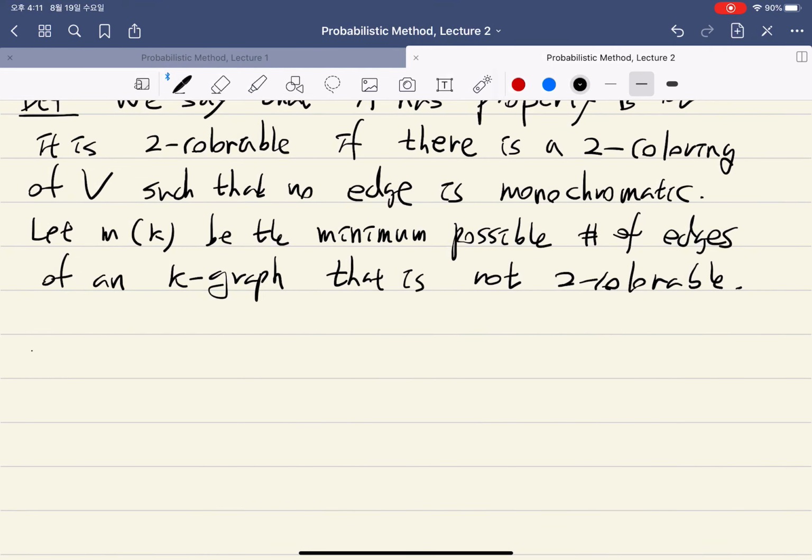For example, if k is 2, then for the graph case, what's the minimum number of edges in a graph which is not two-colorable? If you consider a triangle, K3, it has 3 edges, and it is not two-colorable.